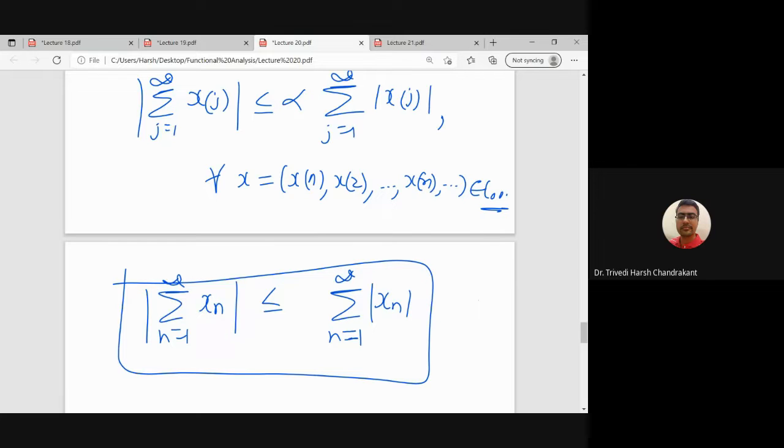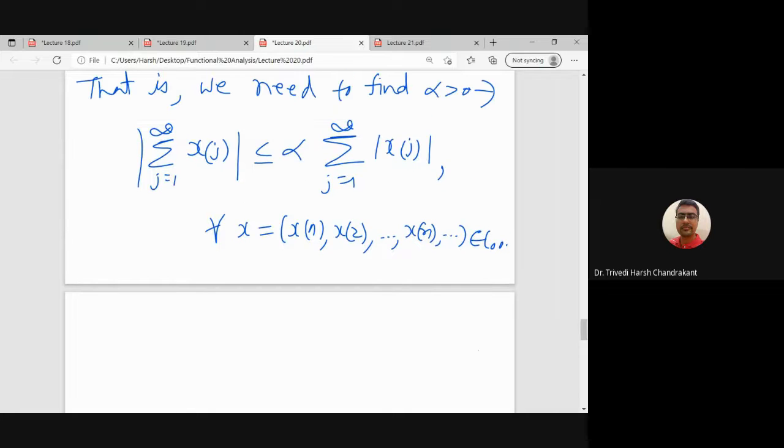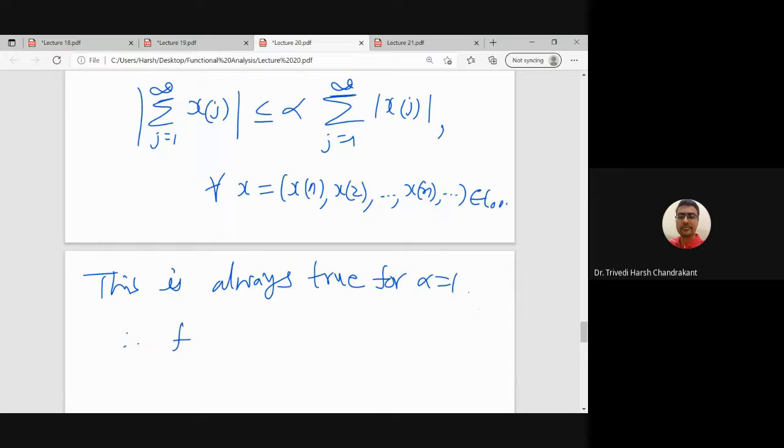So that is what we are saying here. For this norm 1, with respect to this functional, this is always true for alpha equal to 1, and therefore f is continuous.